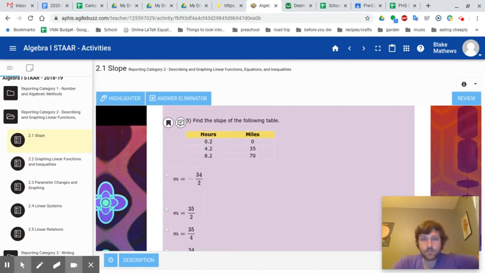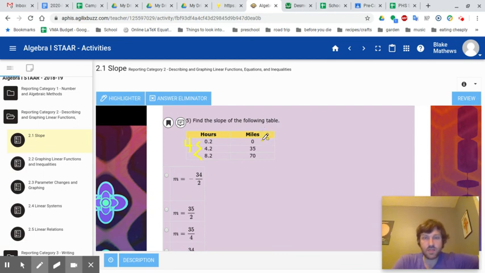Lastly, now we're doing it in terms of a table. So this one, I need to look at the hours. How much is this going up from this to this and then this to this? Well, if you look, it's going up by 4 each time.